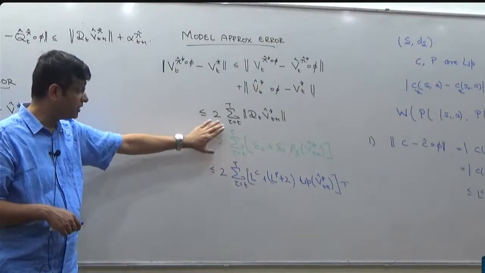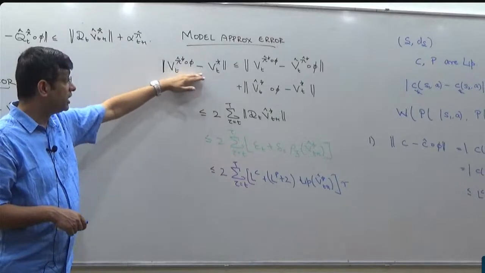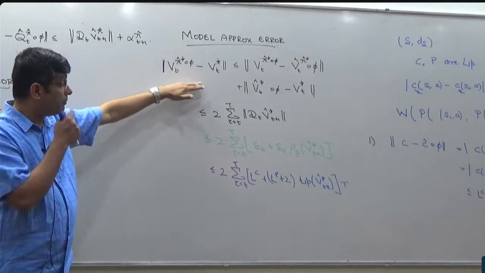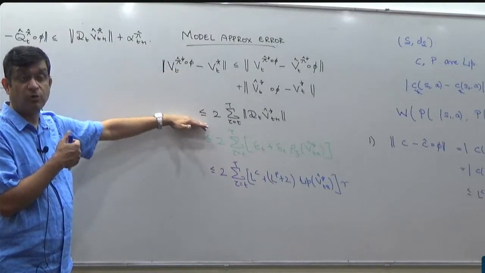There is typically about a factor of 2 up to a factor of 10 difference in what this quantity is versus what our bounds are giving us.